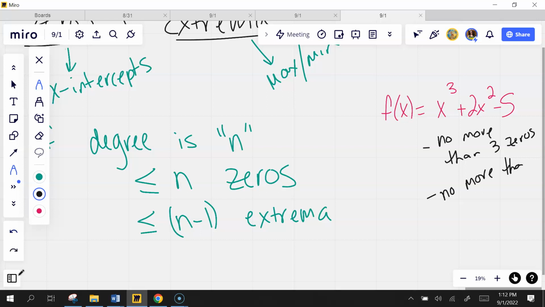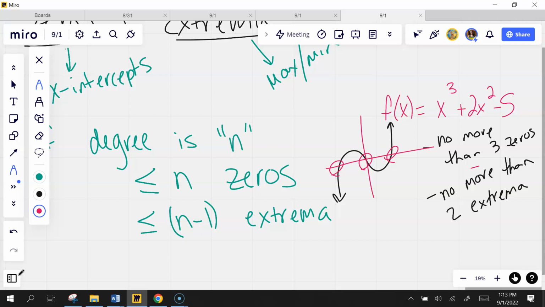That's exactly right. Because I just told you. I haven't found them. I'm just telling you. And it makes sense because if you think about what a cubic looks like, the most number of times it could ever cross the x-axis would be 1, 2, 3 times, right? I can't have any more than that.